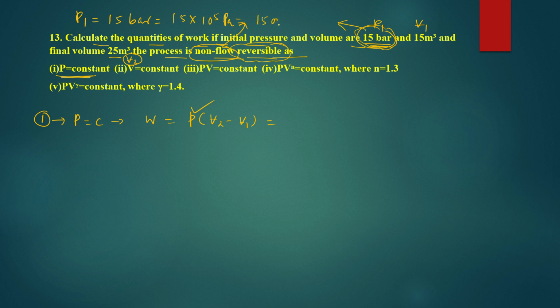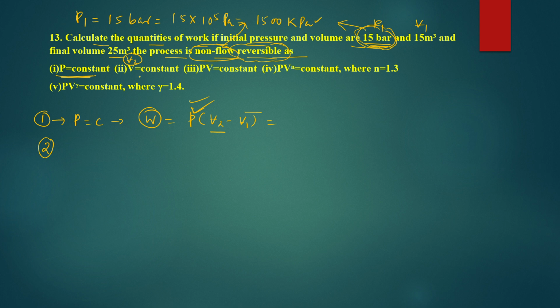So here I will get 1500 kilopascal. I hope you got to know how we are converting the units of pressure. Then you put in the values of pressure and volumes V2 and V1, both of which are given, and you can find out the value of work interaction.